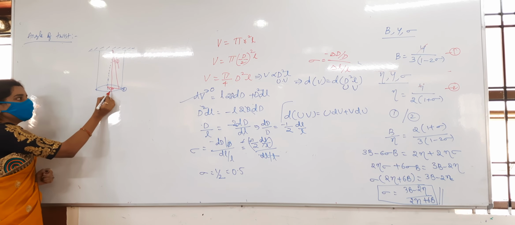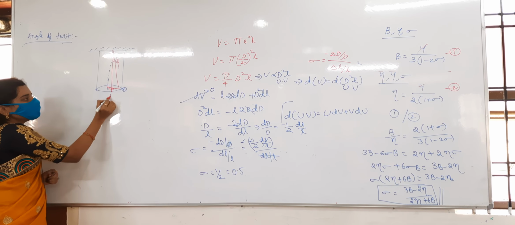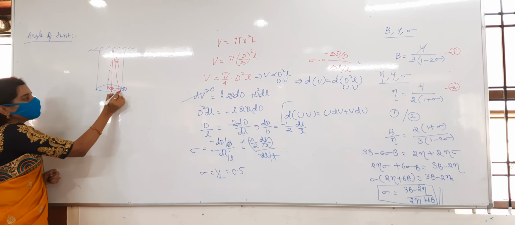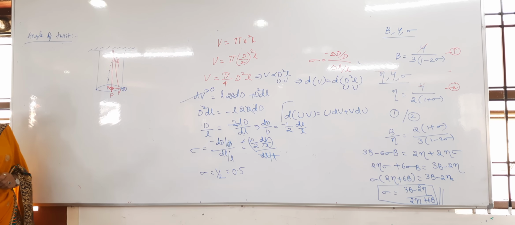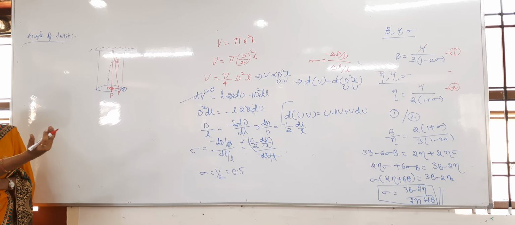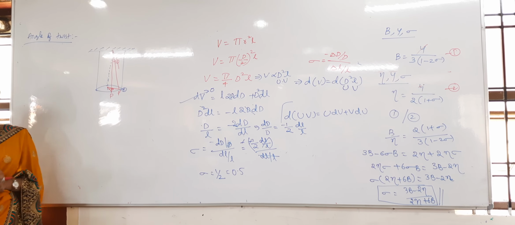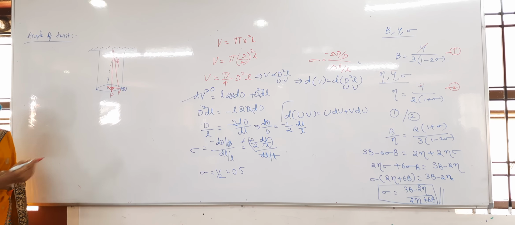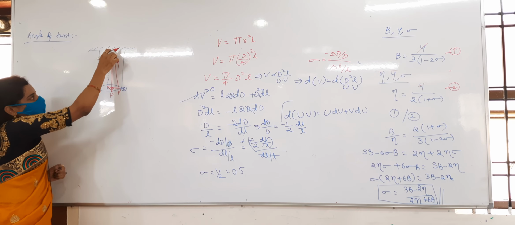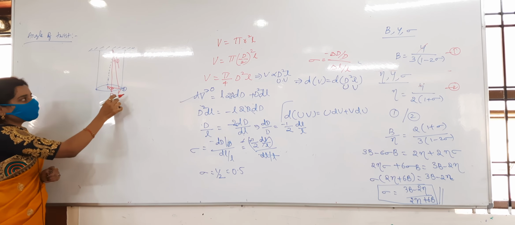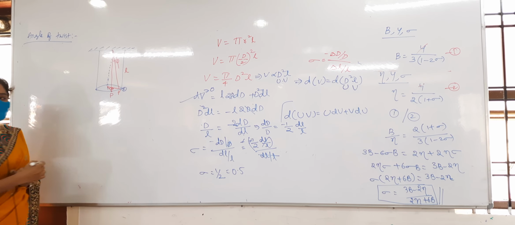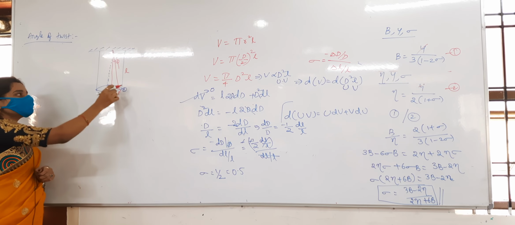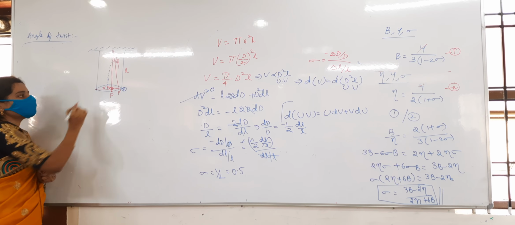Now let me take that this point is moving from P to P dash here. How much arc did I cover? P to P dash is the arc I covered. Whenever I take the bigger arc, this is the sector I have taken, and this is the length of the cylinder, obviously. Whenever I take this sector, the radius of the cylinder is r here.